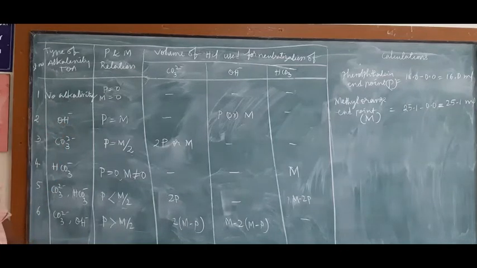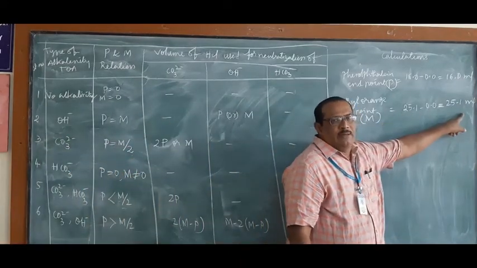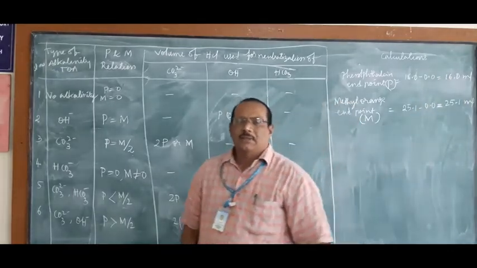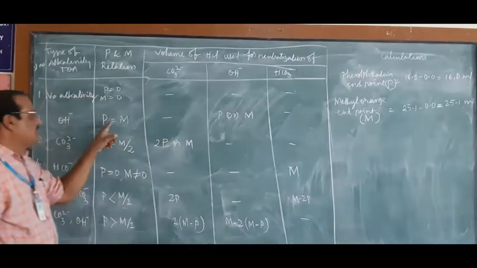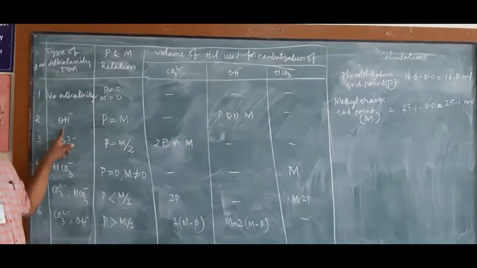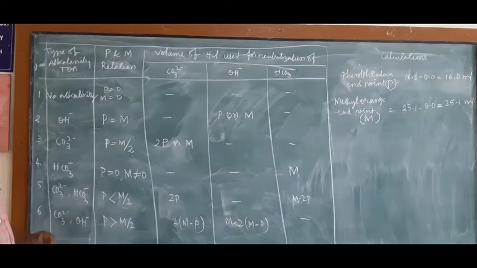If P and M values are equal, here we got 16.0 and 25.1. Sometimes we get the same P and M values. If the P and M values are the same, that indicates that the taken water sample contains only hydroxide. Hydroxide ions are present in that.